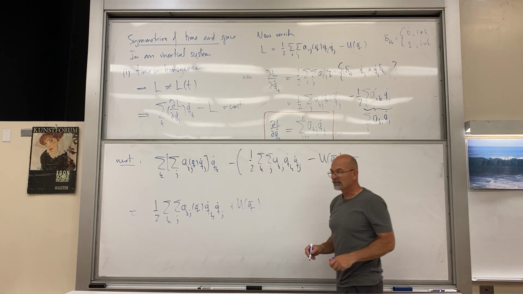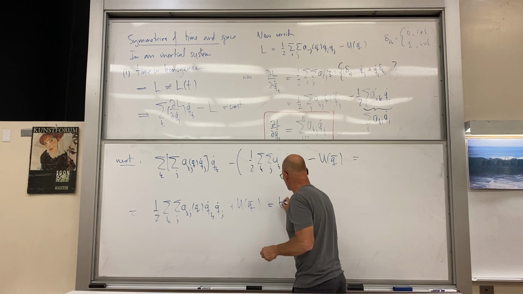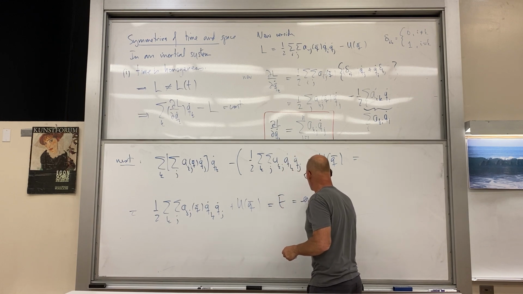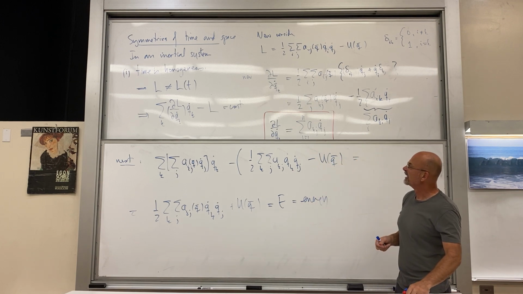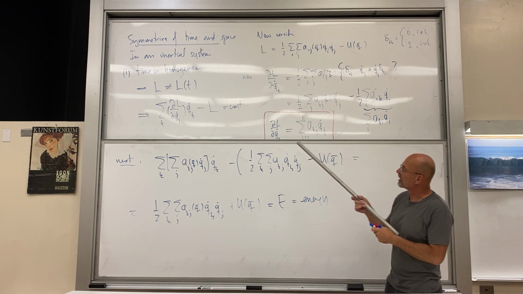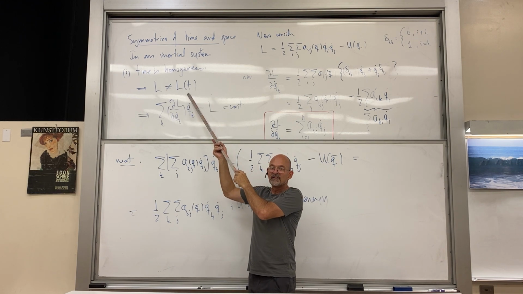So what have we discovered? Our conserved quantity is the mechanical energy. So the energy conservation is a feature of Lagrangian mechanics where the time is not explicitly present in the Lagrangian.